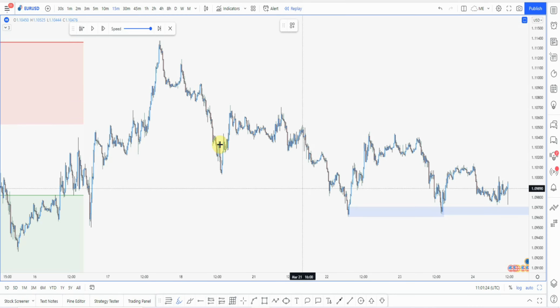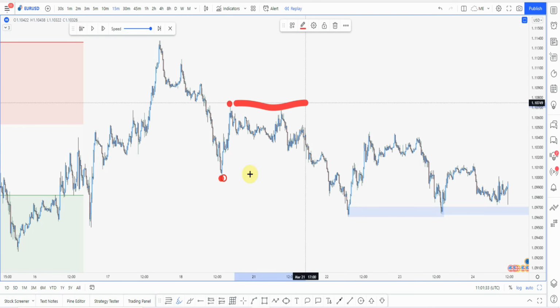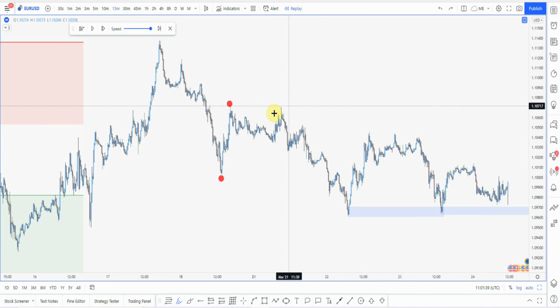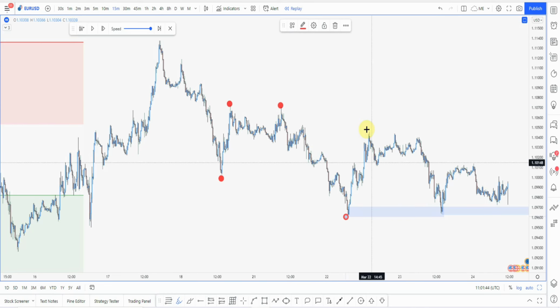The market is making lower lows continuously. This is a range. The market broke that range, and then we have this low and this high made this low. The market broke structure here and here. The market made a higher high here.